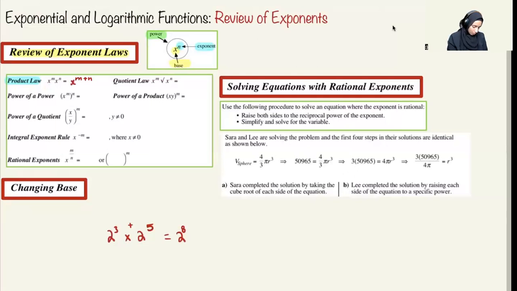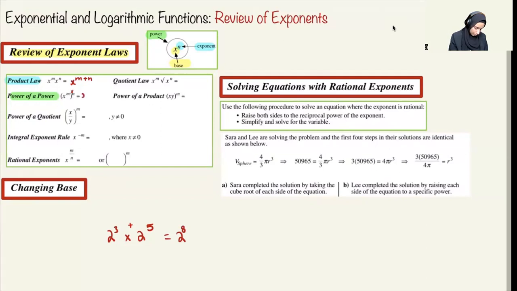And then when we have a power of a power, what does that look like? Power of a power is basically saying I have a power and I'm raising it to another power, right? So over here I have x to the power of m. Here's my first power. Now I'm raising it to an n exponent. This power of a power tells us that we actually multiply these exponents, right?